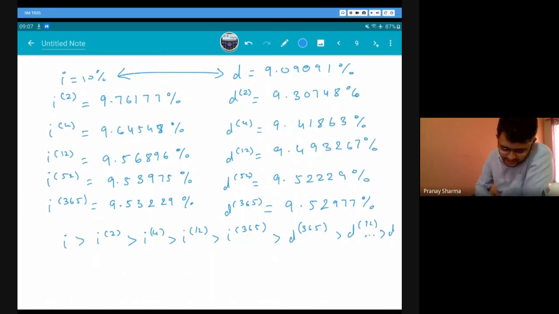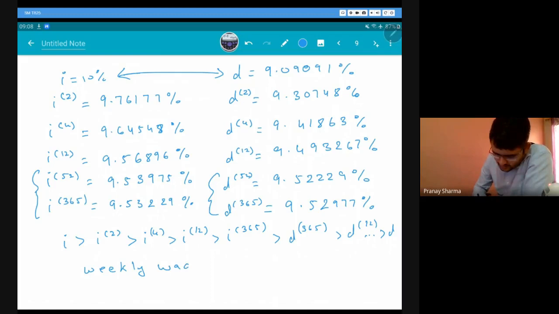Now here, just look at these two values and look at these two values. I would say this is nothing but giving rate of interest weekly. When would we use it? Now we might have weekly wages in factories, in construction, in so many different places.